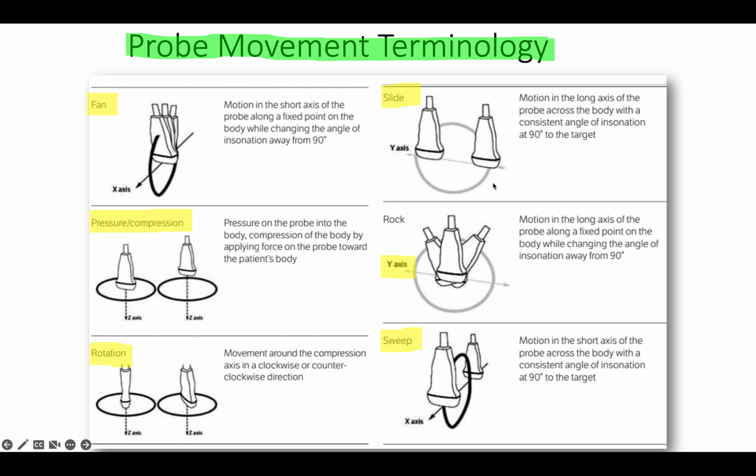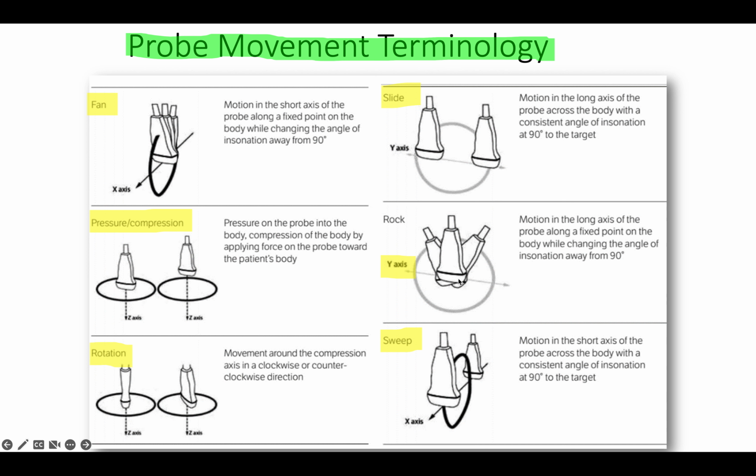Another one is sliding. That's how we move the transducer in the long axis across the body. If we move across the short axis, this will be sweeping, like when we sweep the floor. This movement is called rocking.